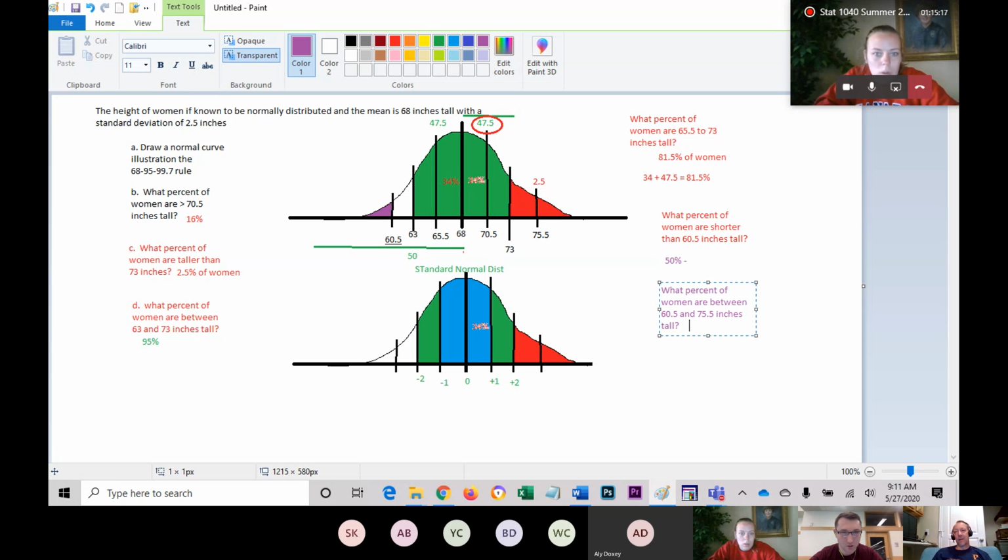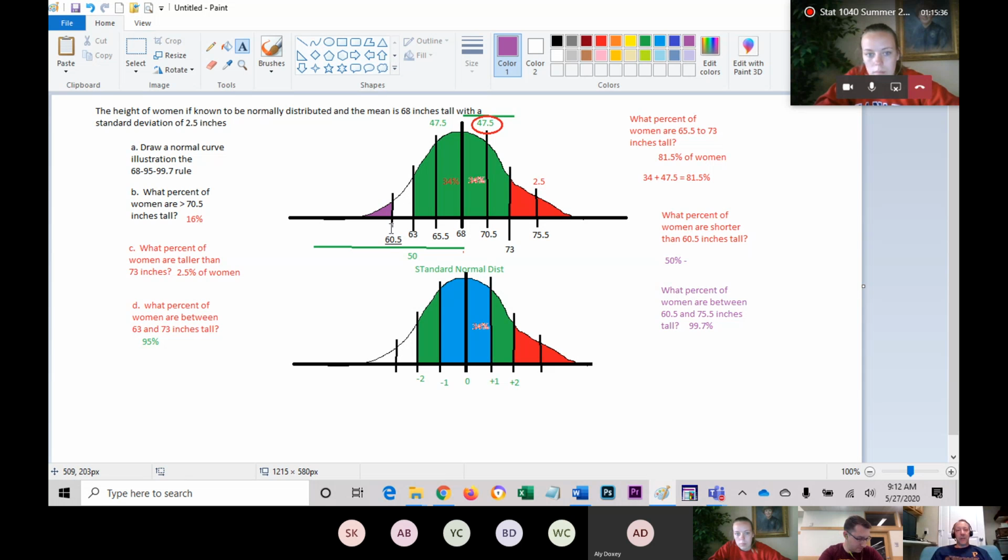Is this that rule? It is. So would it be 95? 90, not 95. 99.7%. Okay.